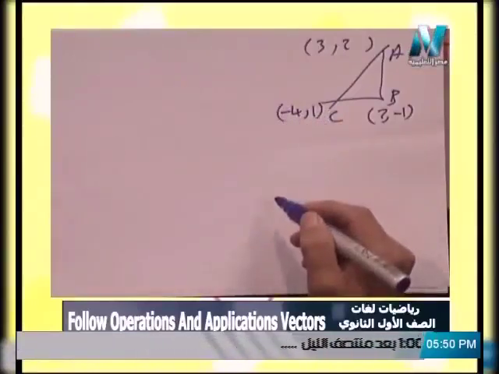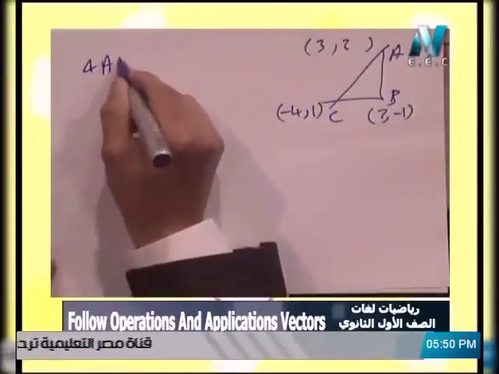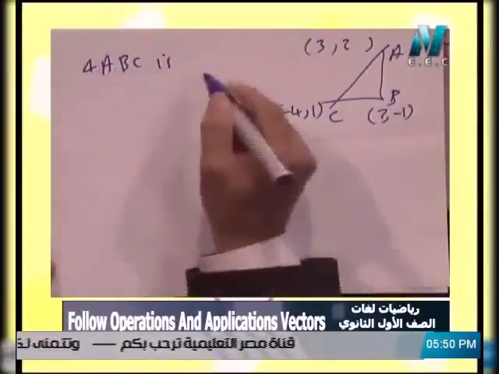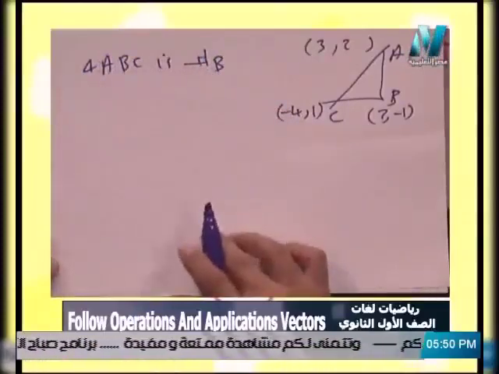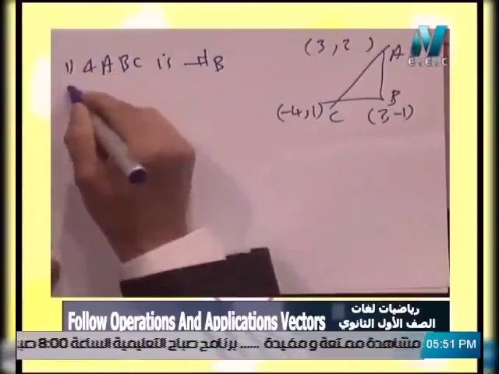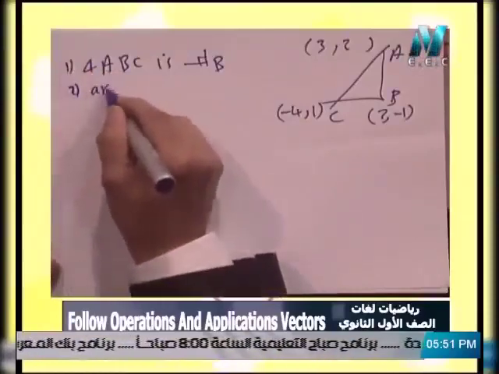The request is to prove that the triangle ABC is a right angle triangle at B. The second request is to find its area.